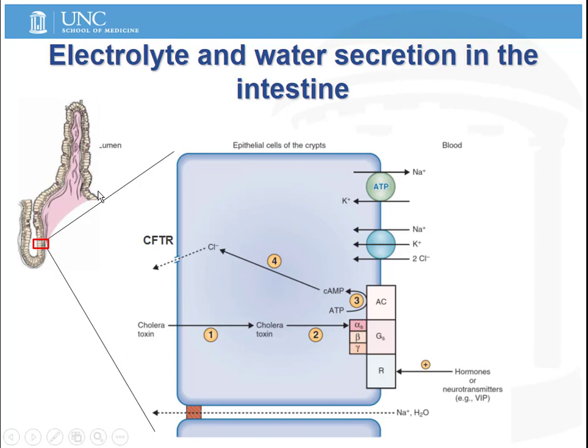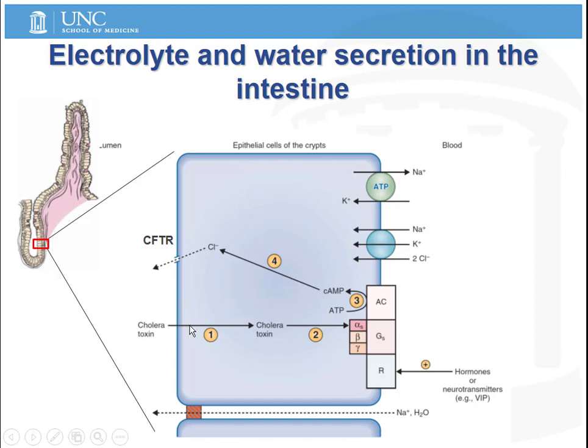So under normal circumstances, there's a balance between the secretion by the crypt cells and the absorption by the villus cells. However, in the presence of cholera toxin, for example, there's dysregulation of ion and water secretion, where the secretory process becomes excessive and exceeds the absorbed volume, resulting in secretory diarrhea and severe dehydration.